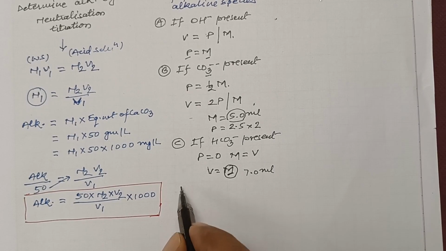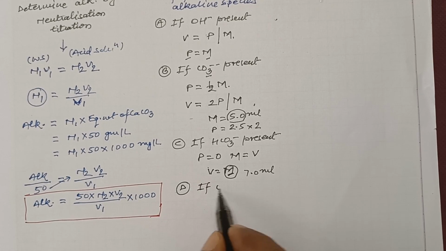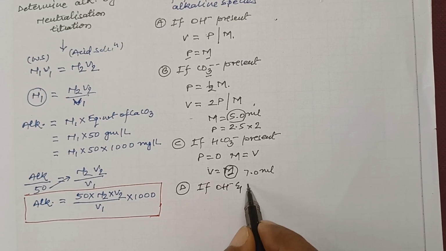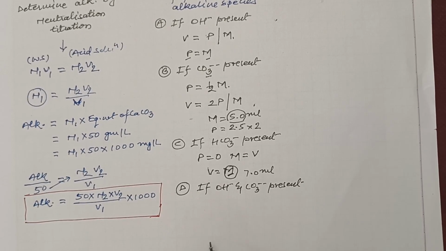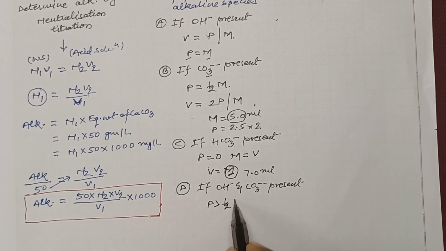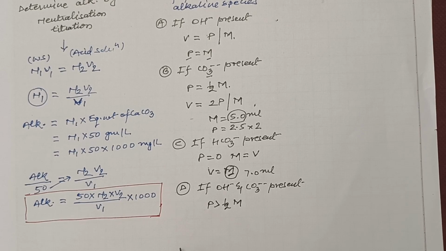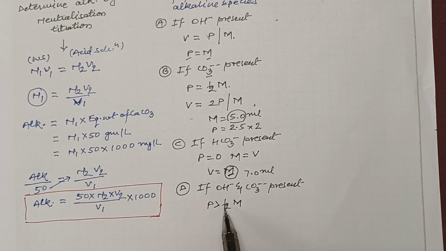Now the case number 4. If OH ion and carbonate ion both are present simultaneously, then in such a case P is always greater than half M, and if the phenolphthalein endpoint has greater value as compared to the half value of methyl orange, it is a clear cut indication that the water sample contains OH negative ion and carbonate ion.